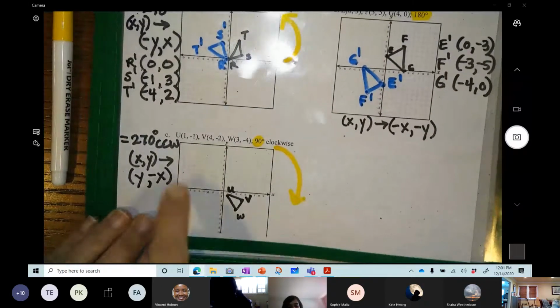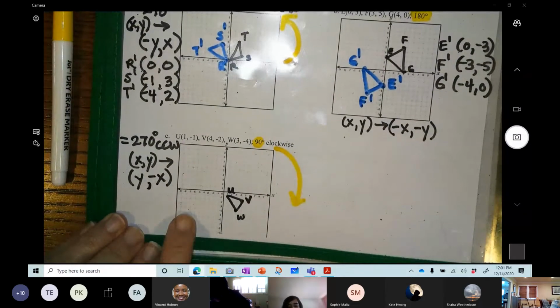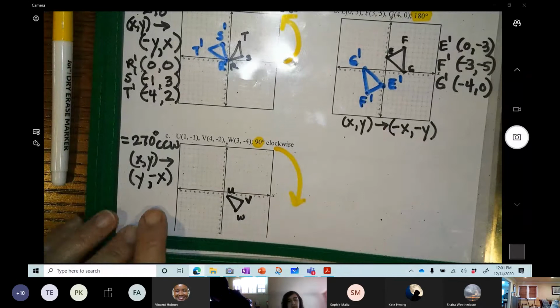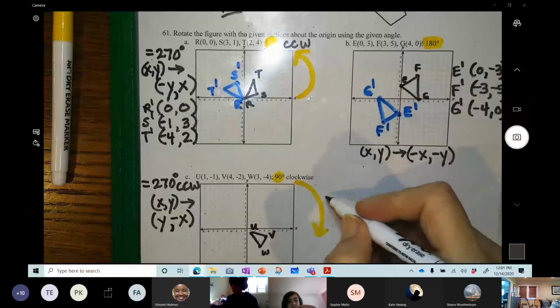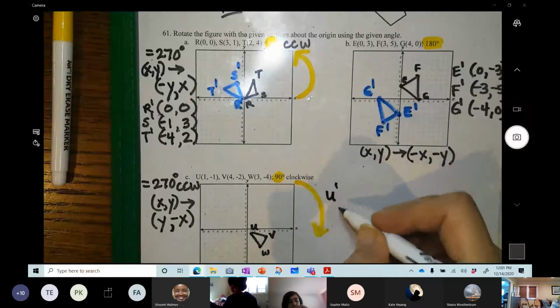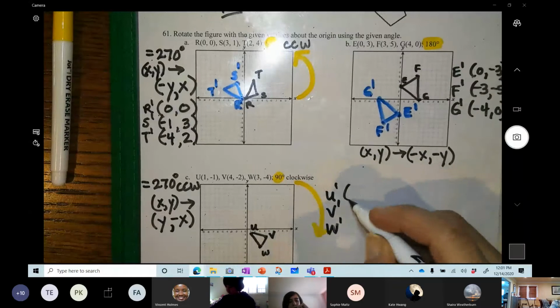So another thing, if you do these points, you should just recognize this is going to put you in the third quadrant. So all your points should be negative if you followed the rule correctly, which means since I got a little space over here, I'll do U prime, V prime, W prime.